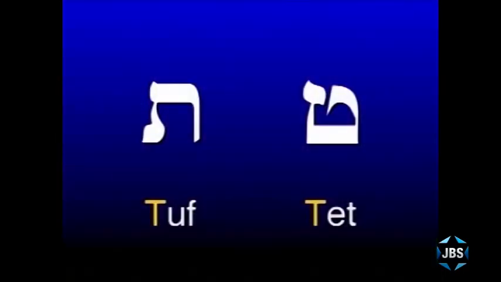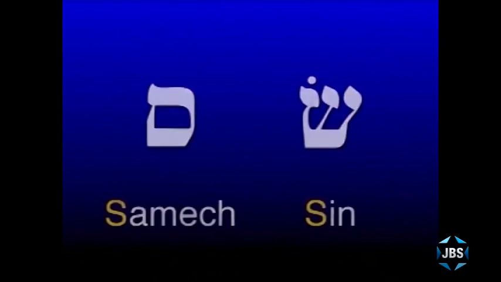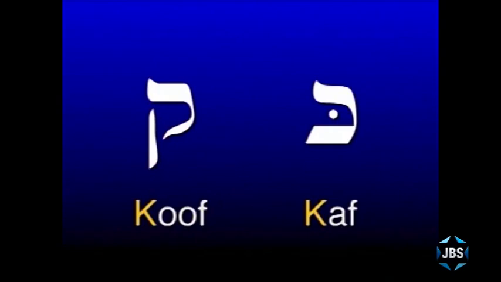Why are there two letters, for example, that make the T sound? The Tet and the Tuf, the letter with the big toe. Why is there the Sin and the Samech? Why is there the Kaf and the Kuf?